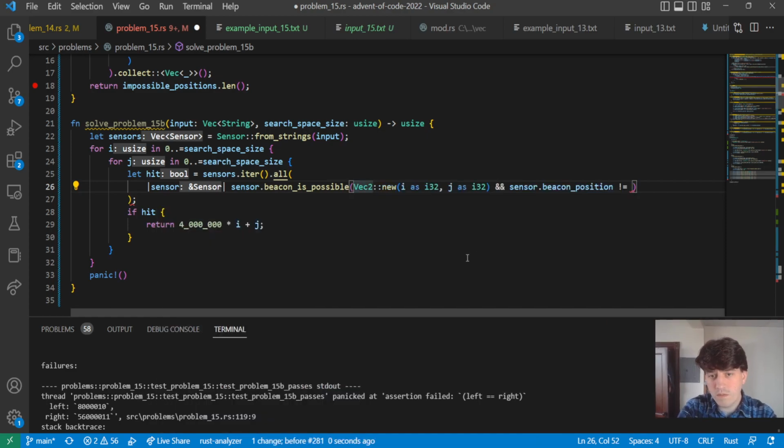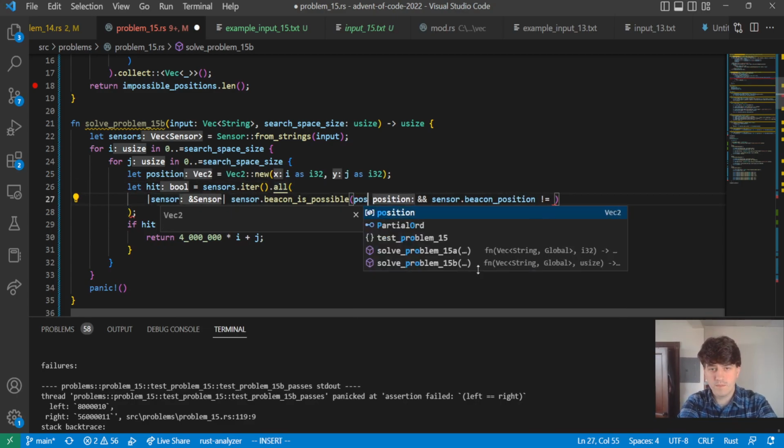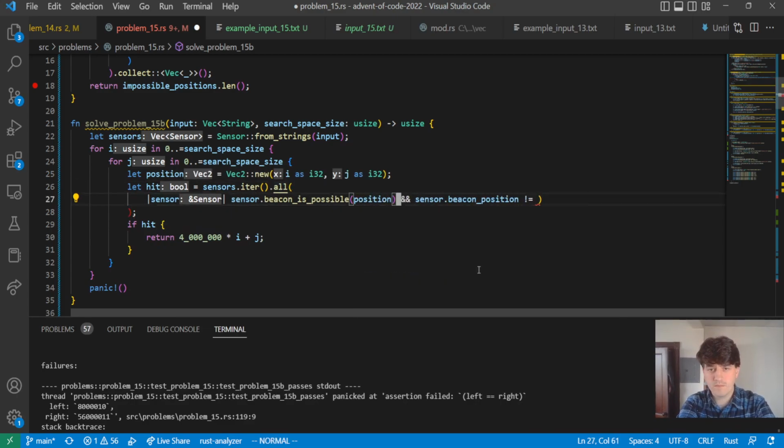Whoa. What happened there? Let position be this, and then position. Did I screw up my parentheses? No, that's okay.